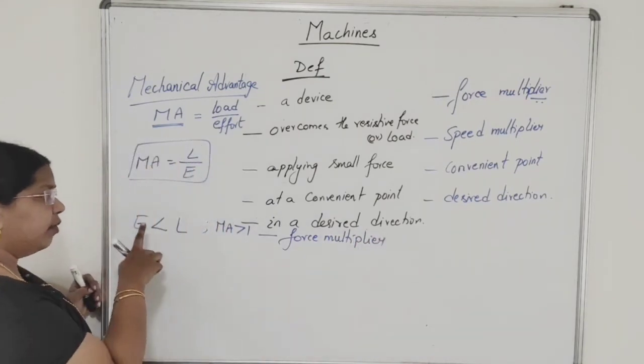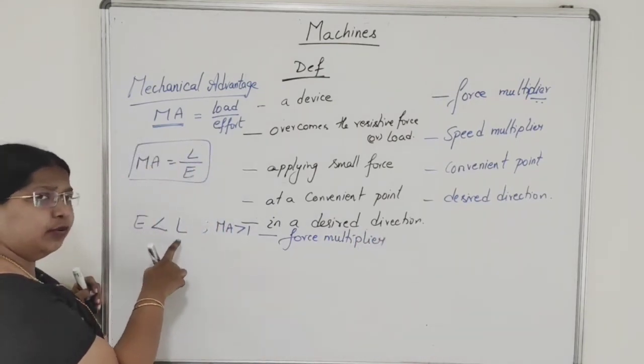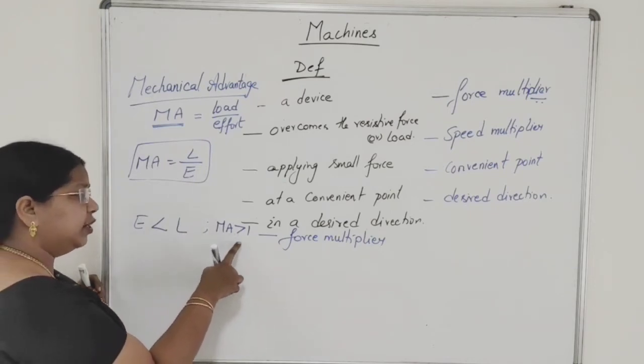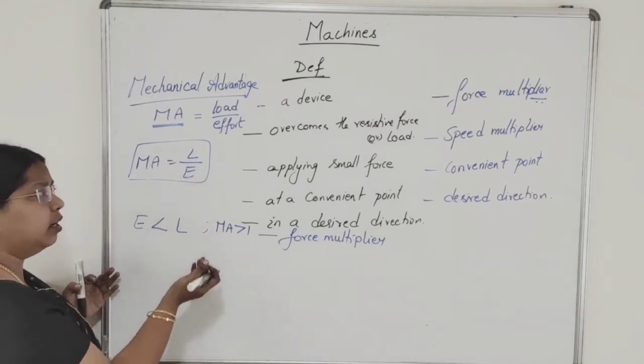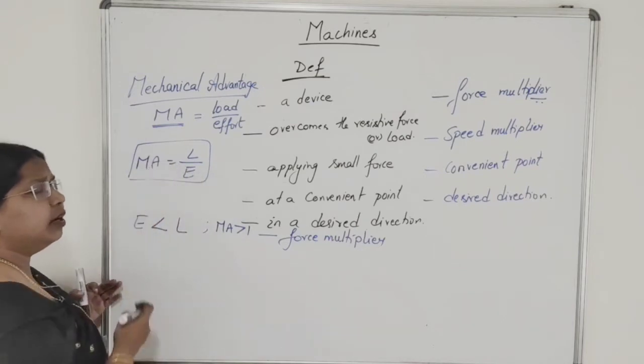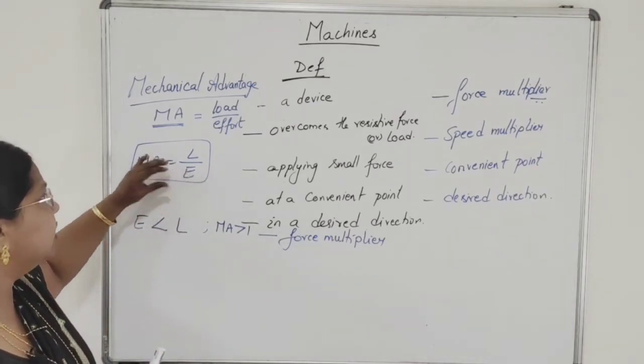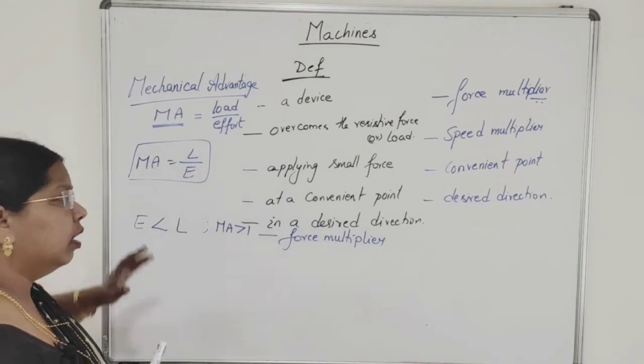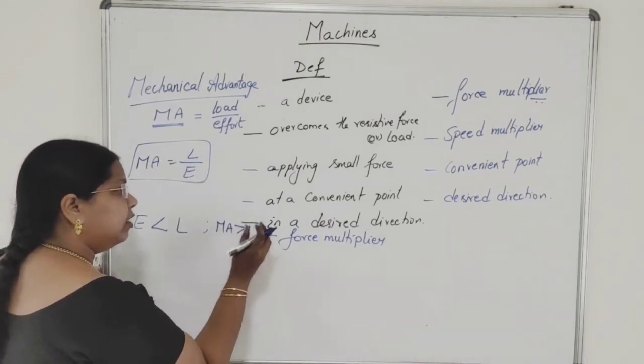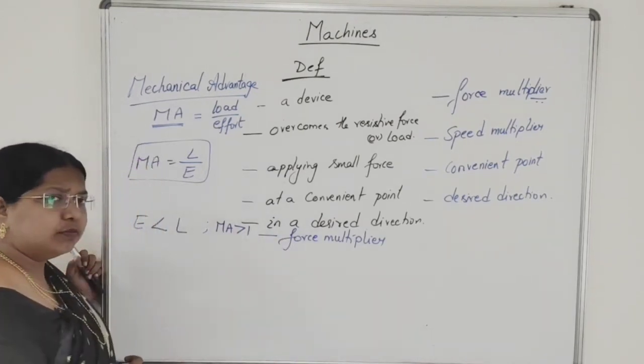Clear, students? When effort is less than load moved, then MA is greater than 1. Effort is in the denominator, so when denominator is less, MA will be more. So when MA is greater than 1, the machine will act as a force multiplier.